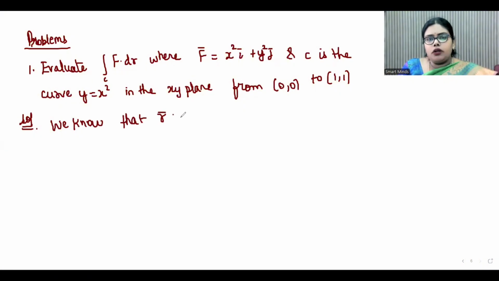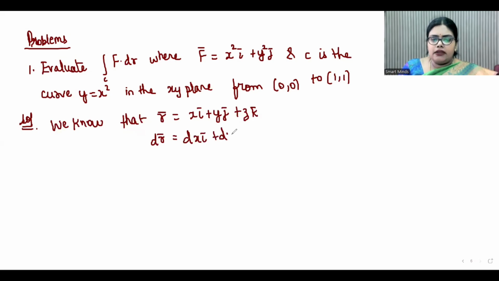r bar is equal to xi bar plus yj bar plus zk bar. Now what is dr bar? Dr bar is dxi bar plus dyj bar plus dzk bar. We are applying d on both sides.